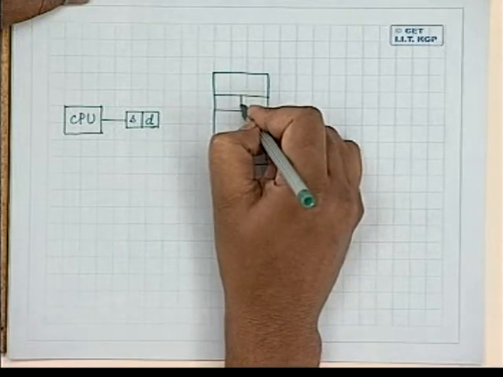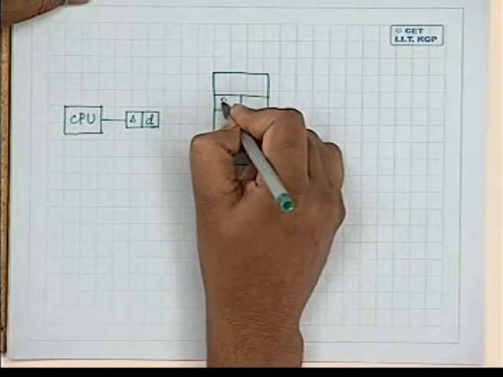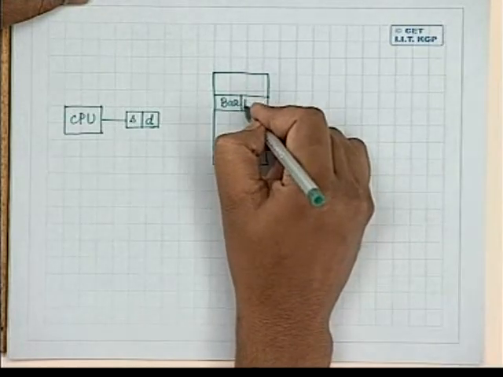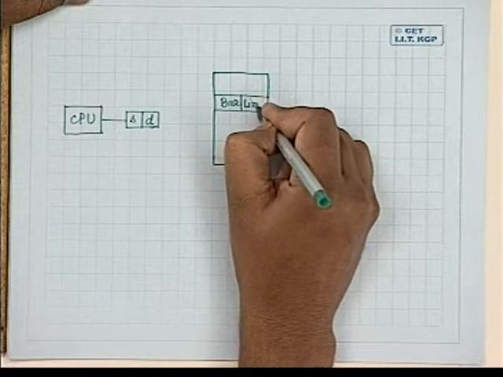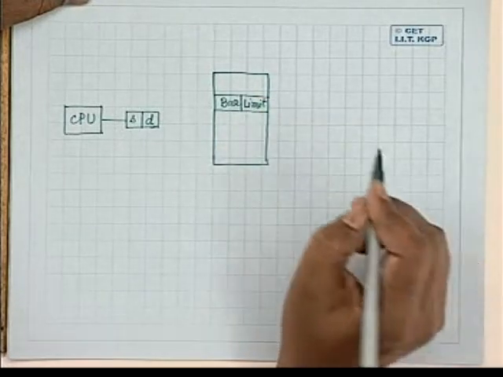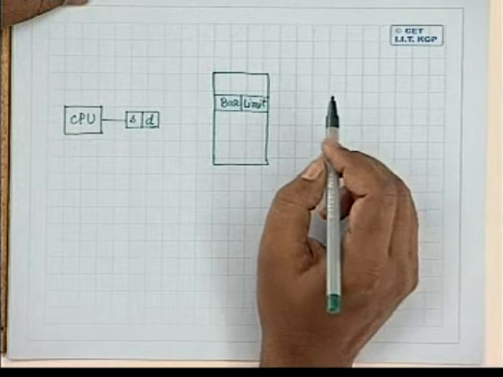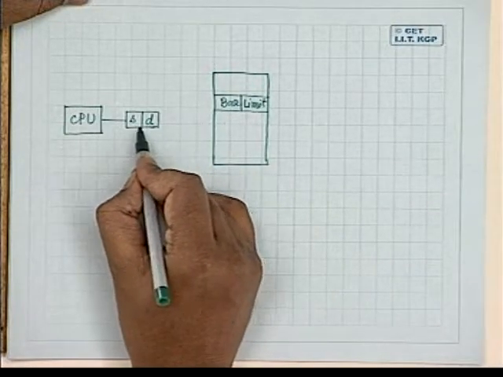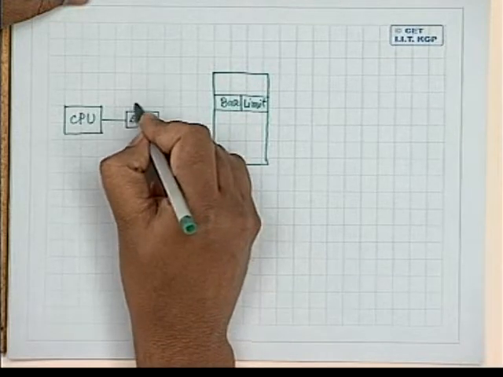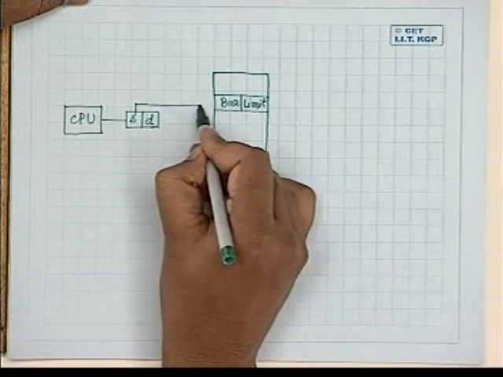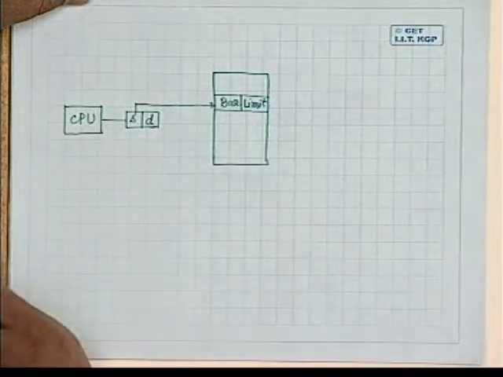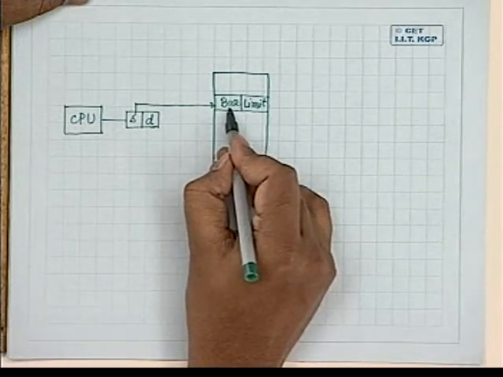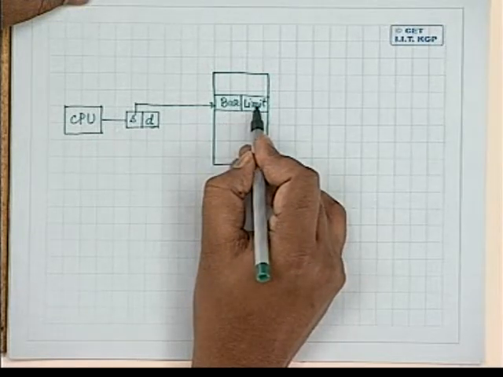One field is the base address, and the second field is the limit value. Whenever the CPU generates this two-component address S and D, using this S you go to an entry in the segment table.